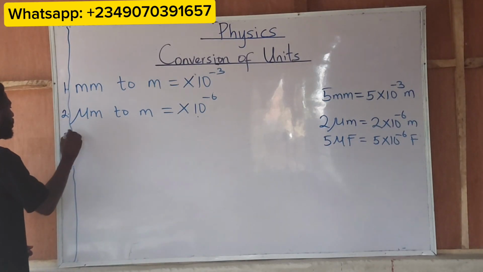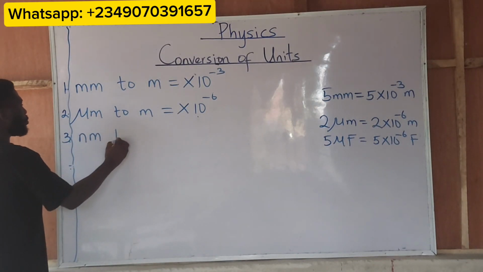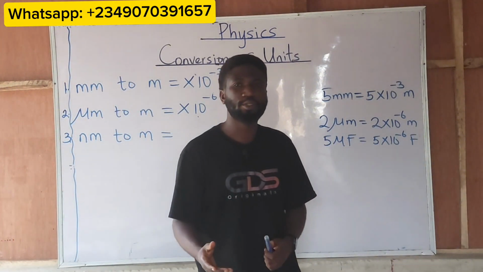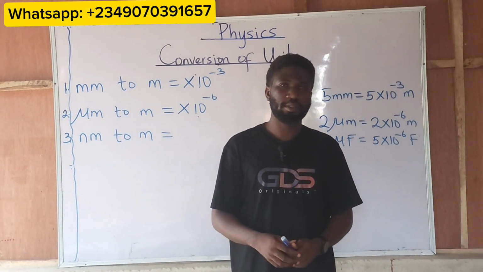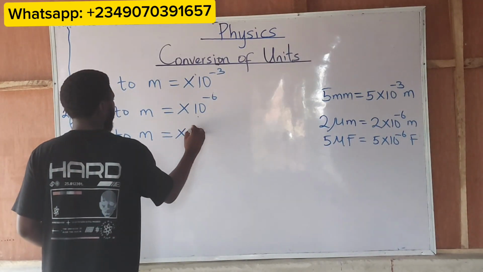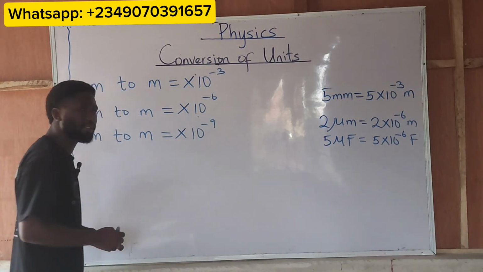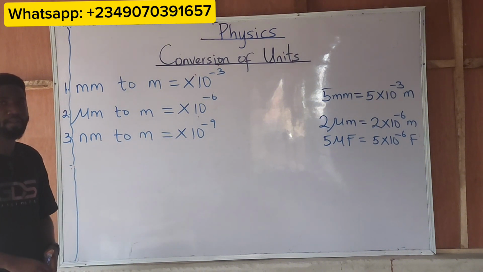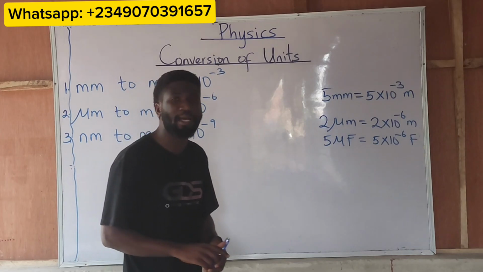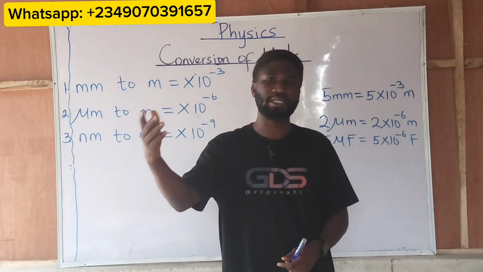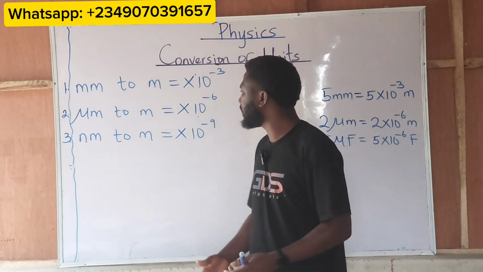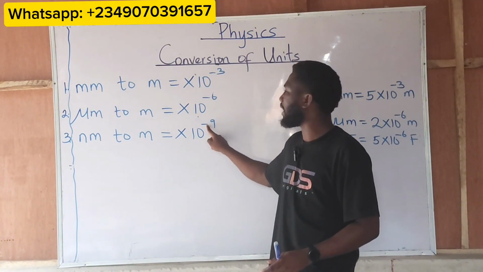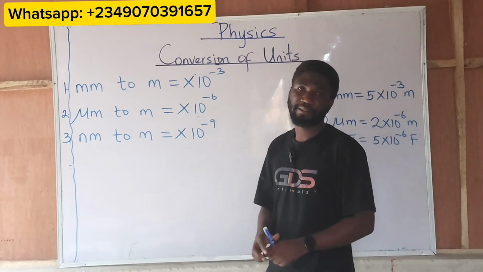Alright. What if we have nanometer to meter? This will be times 10 raised to power minus 9. You get this done by multiplying by 10 raised to power minus 9. But if you are changing meter back to nanometer, just remove this negative sign, then add times 10 raised to power 9.